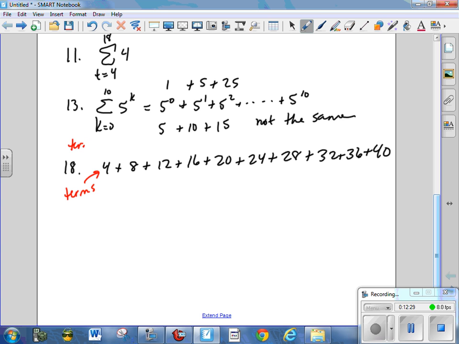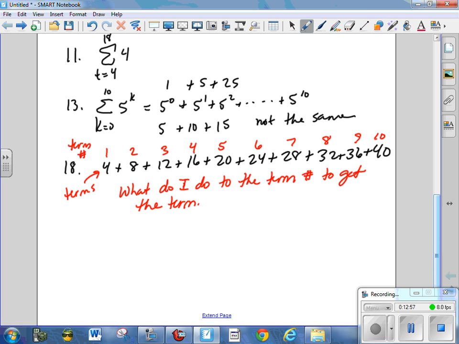So term number 1, term number 2, term number 3, term number 4, term number 5, term number 6, 7, 8, 9, and 10. And ask yourself the question, what do I do to the term number to get the term?